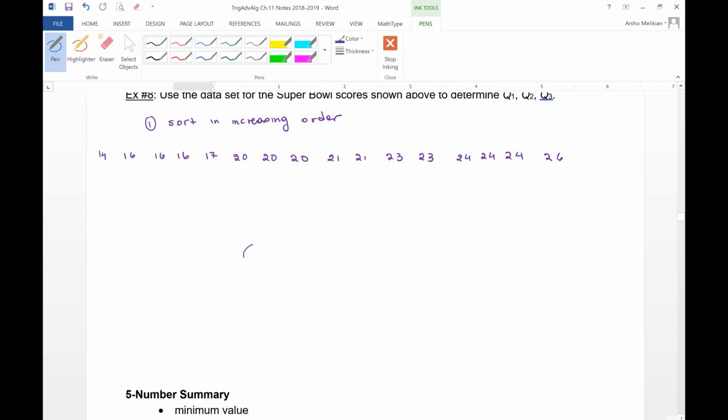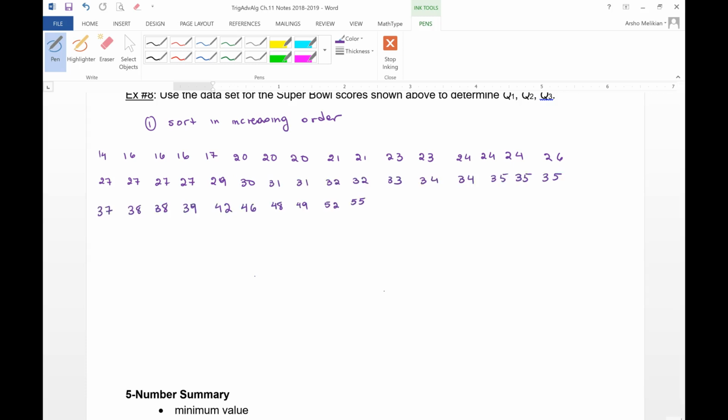And then there are 4 27s. 29, 30. So there are 42 data points.